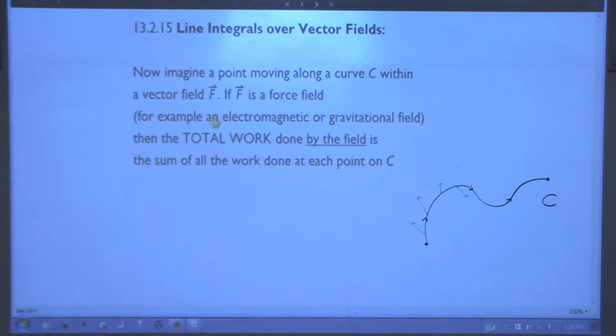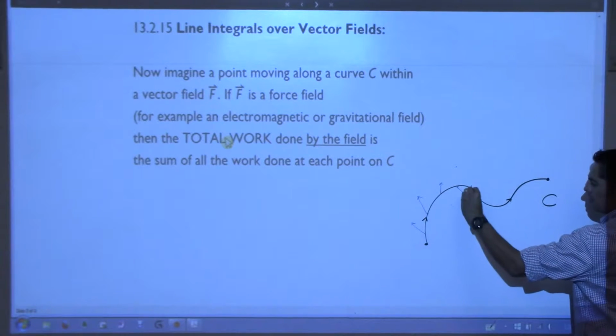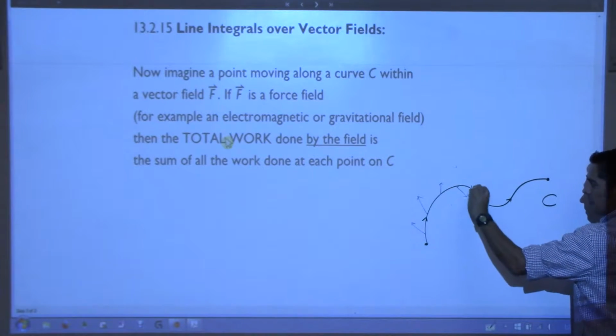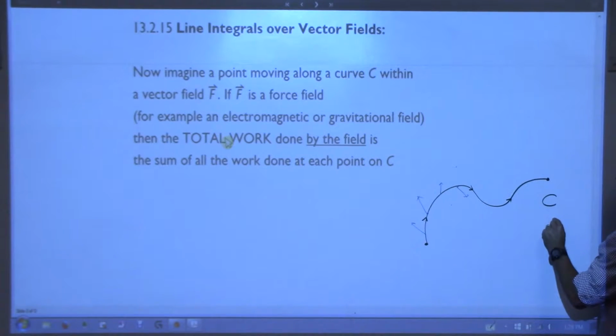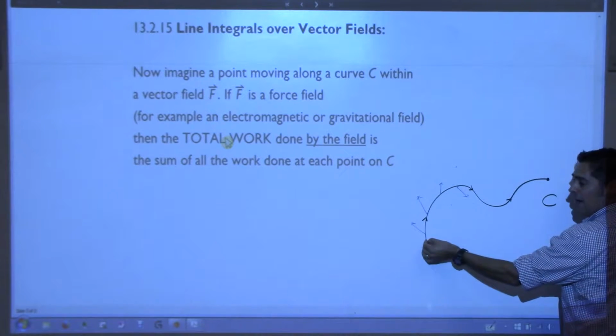An example of that would be an electromagnetic field or a gravitational field. Then the total work done by the field is the sum of all the work done at each point. So what we're doing is trying to move something from here through the vector field to some other point along the curve C. As I move, I have displacement.